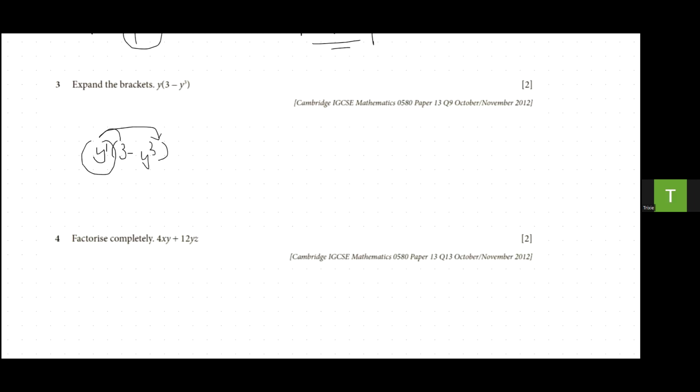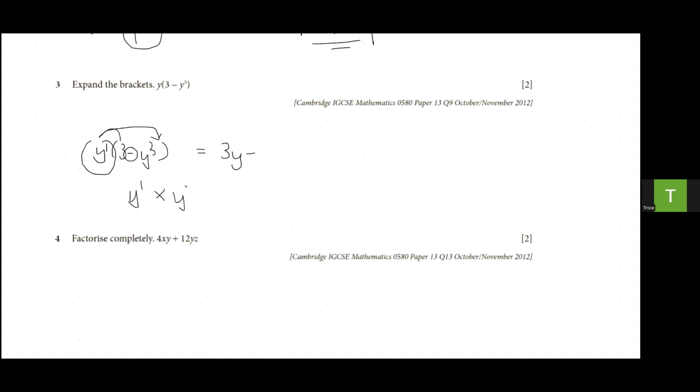So 3 times y will get 3y. And then just take the minus sign and then y power of 1 times y power of 3.